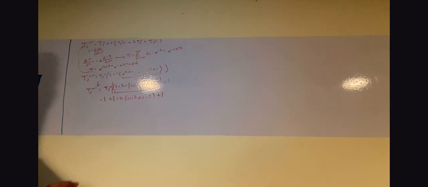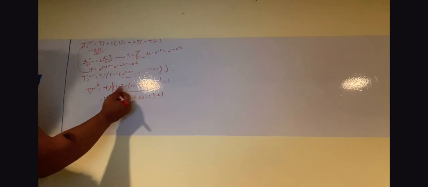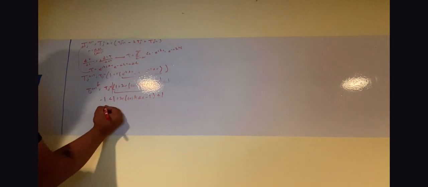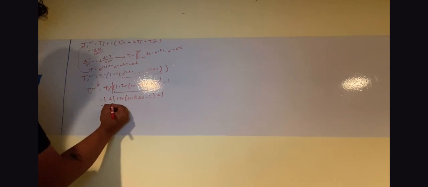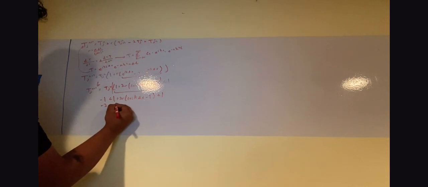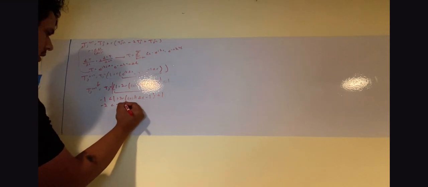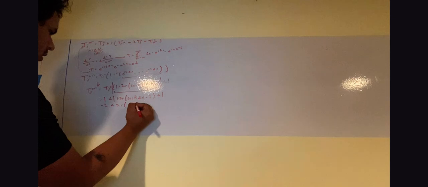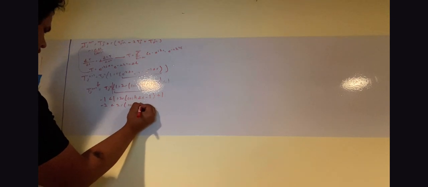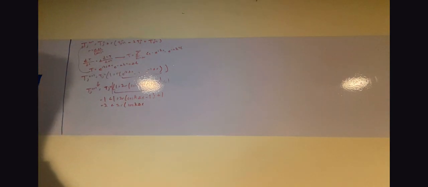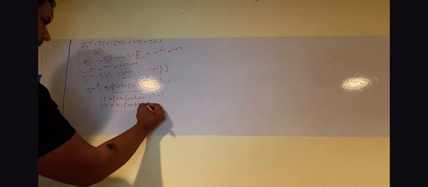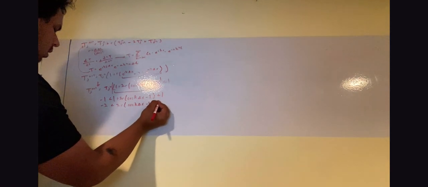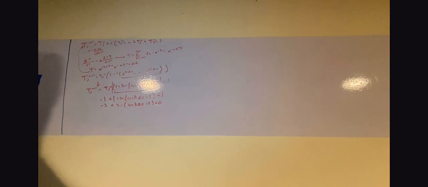All right. So then we subtract 1 from both sides again. We get negative 2 is less than 2r times cosine k change in x minus 1, which is less than 0.